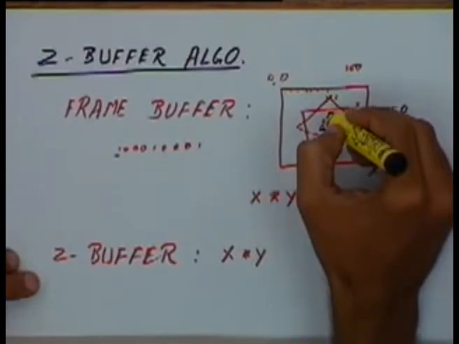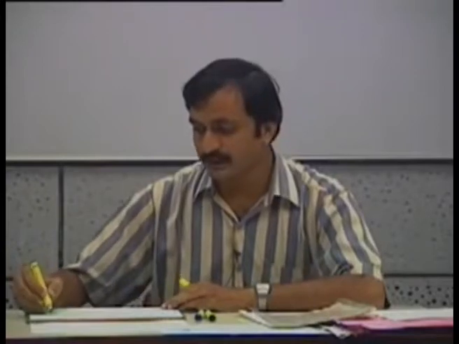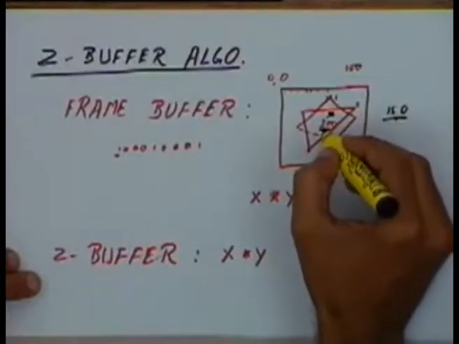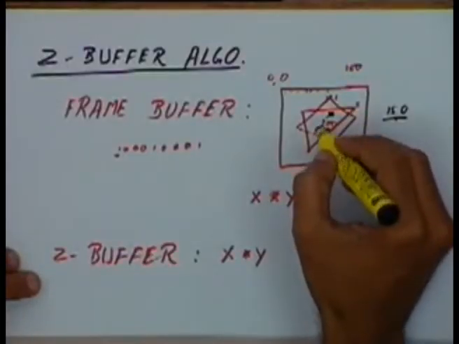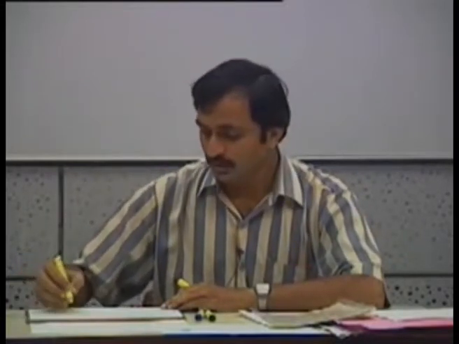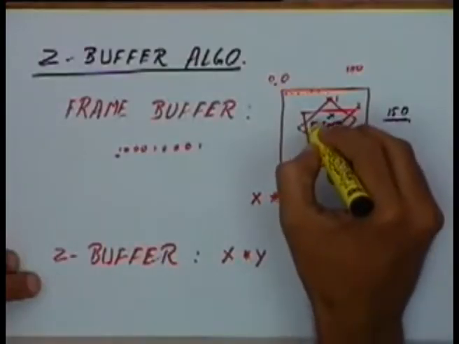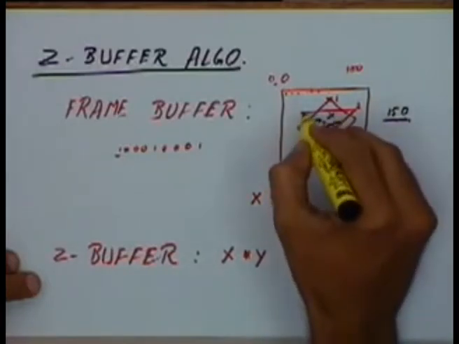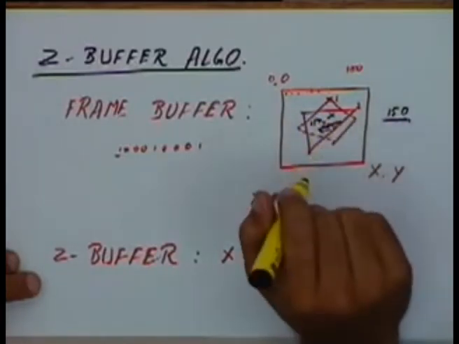And this value will then be transferred in the Z buffer. Now I will compare this 150 with the value stored in the Z buffer and decide which pixel is closer to the eye. 150 is closer to the eye, so I will change this to 150 and I will decide that at this point pixel number 2 is to be displayed.